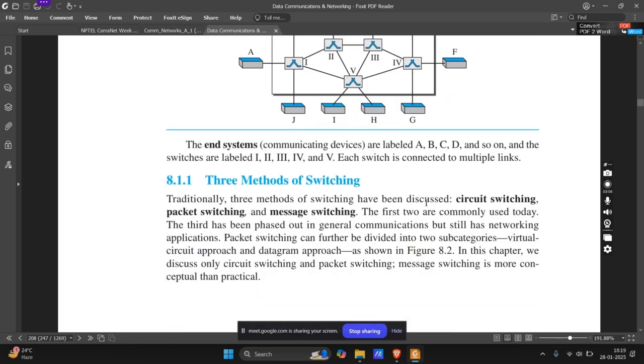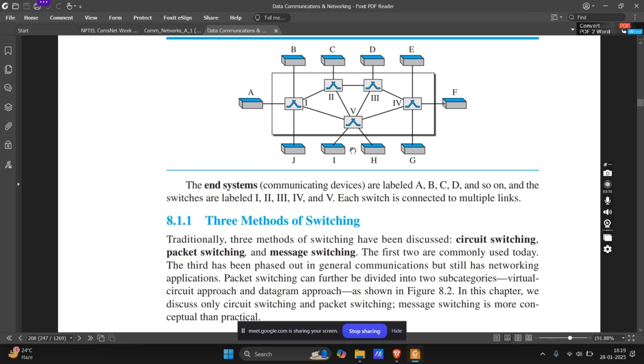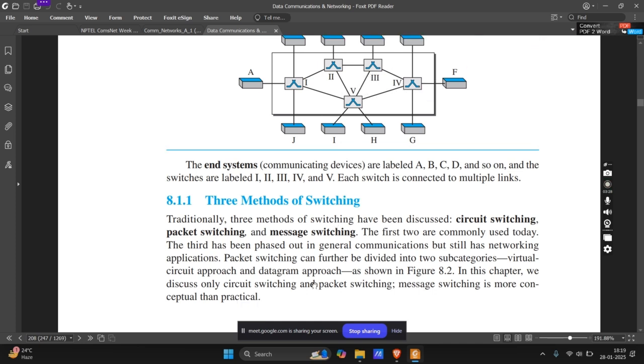This is the main topic of switching: which switches to turn on and which not, because all cannot be turned on at once. If the data is at 1, it cannot simultaneously go to 2, 4 and 5. It has to make a decision, and from 5 it again has to decide to go to 4 so that it can finally reach F.